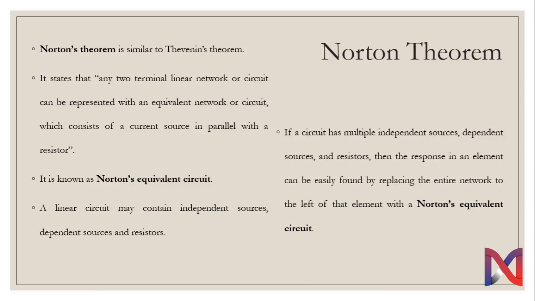In Thevenin's theorem, we found the response of the RL or load resistance with the help of Thevenin's equivalent circuit. Similarly, in Norton theorem, we will find the response of the respective element which is connected to the right side of the circuit with the help of Norton's equivalent circuit.